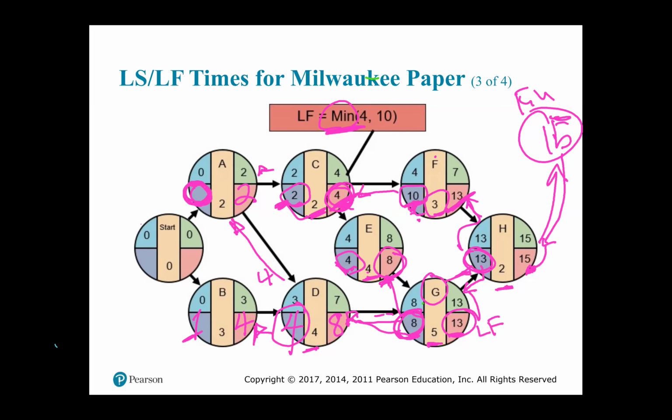When you look at B, the late start is 1. So here you're considering 0 or you're considering 1. When you consider 0 and 1, the minimum is 0. So here gets 0, 0 minus 0, you get 0. And hence in the start node, all your entries will be zeros. And so that's what your backward pass looks like.